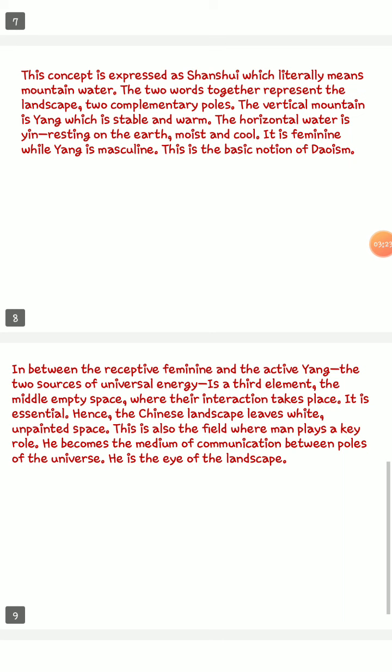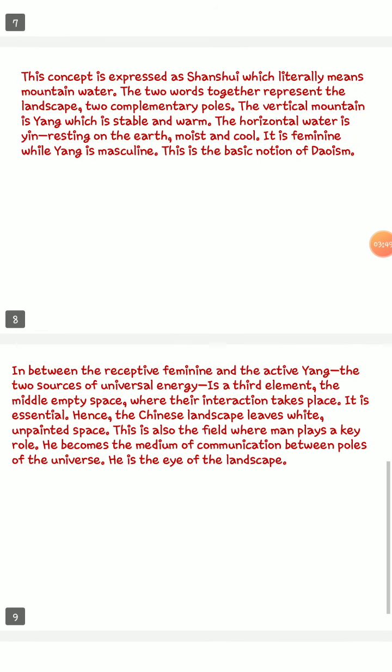Hence, the Chinese landscape leaves white unpainted space. So, the white unpainted space in a Chinese landscape is actually the middle void region, or we can say it is referred to as the middle empty space. This is also the field where man plays a key role.